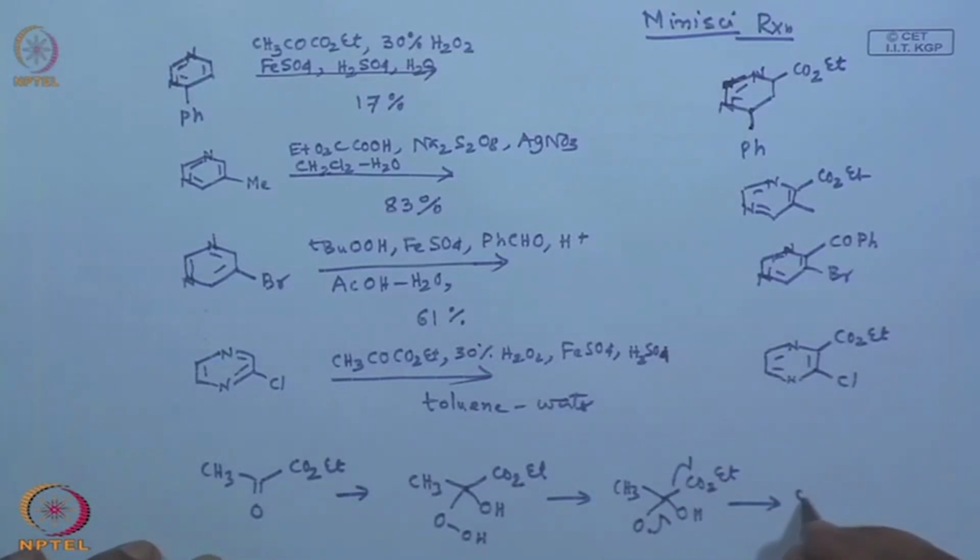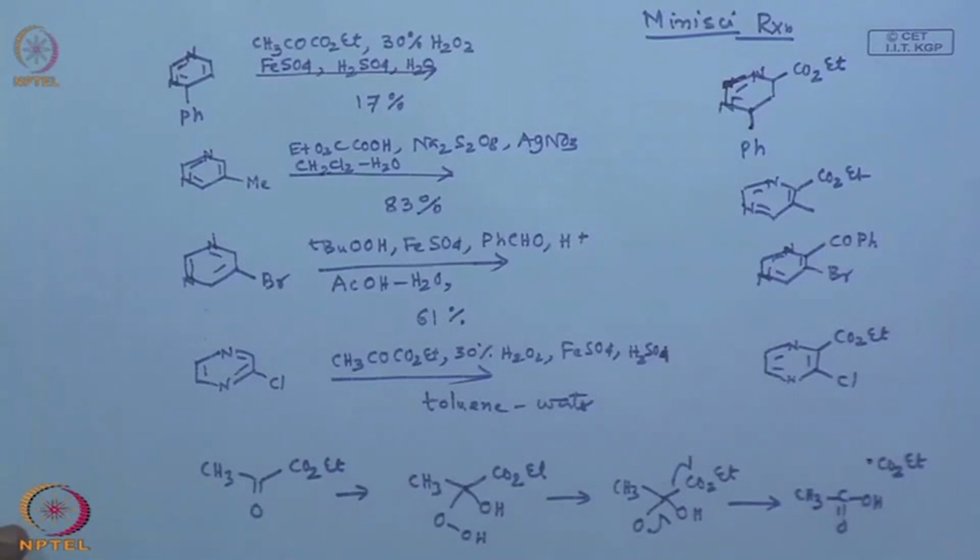So, what you will find is this is CH3 and this is OH, and you have a radical here at the ester carbonyl. So, it is a nice way of producing an ester carbonyl containing radical.